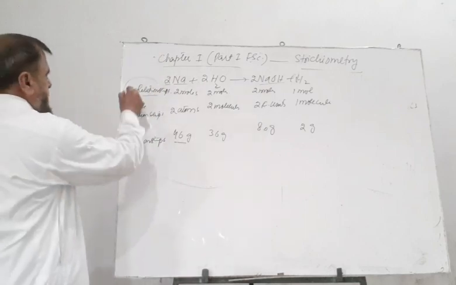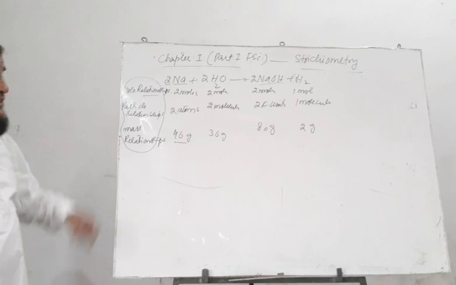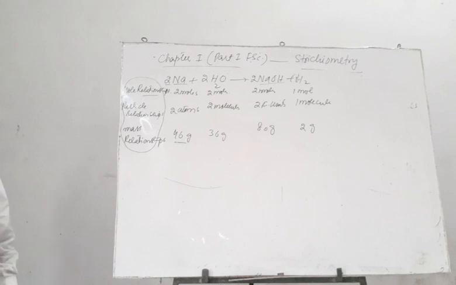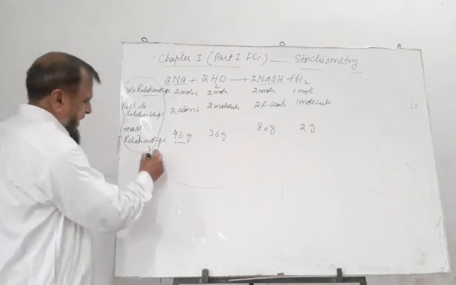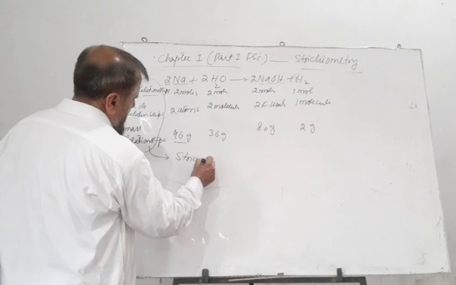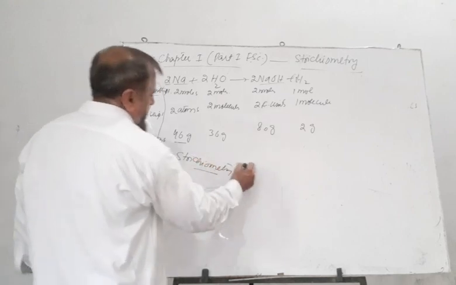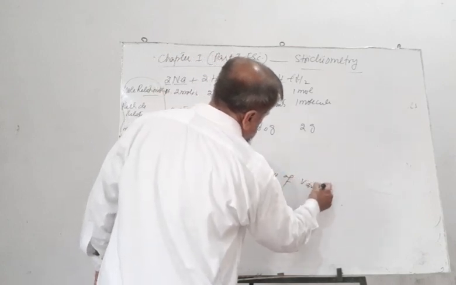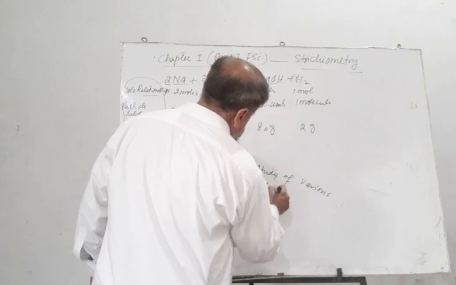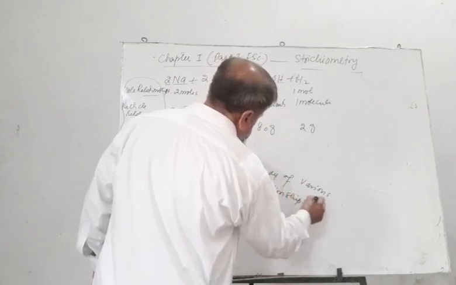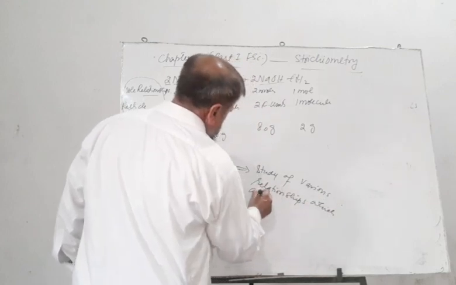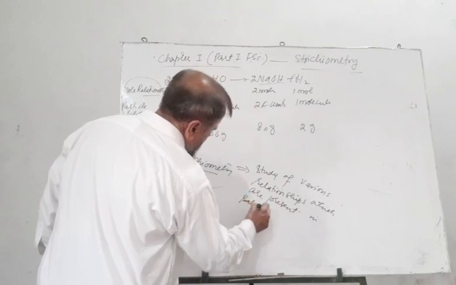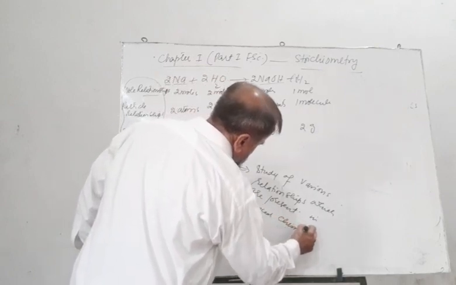The study of all these different relationships which are present in a balanced chemical equation is known as stoichiometry. Stoichiometry is the study of various relationships which are present in a balanced chemical equation.